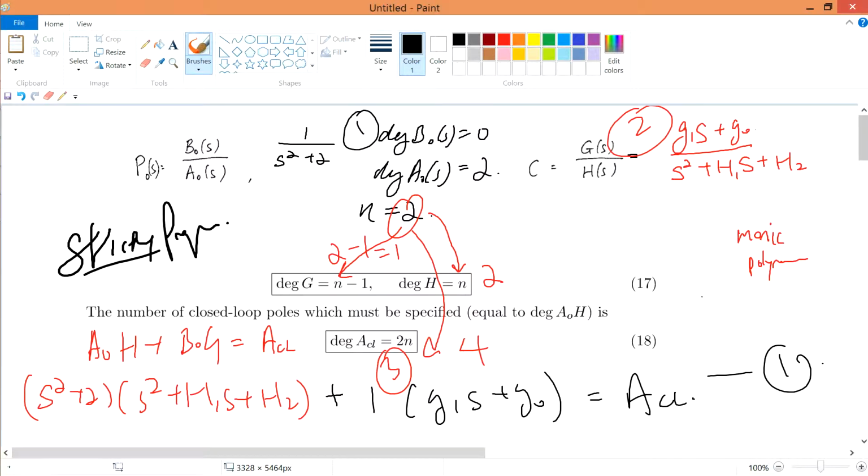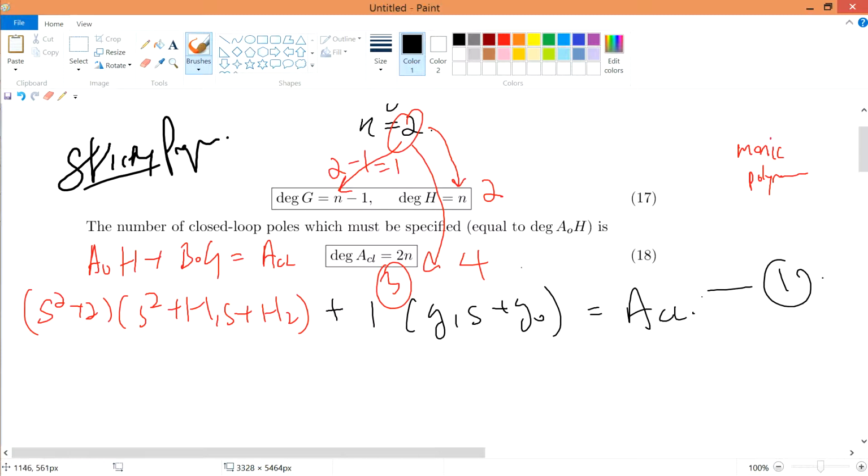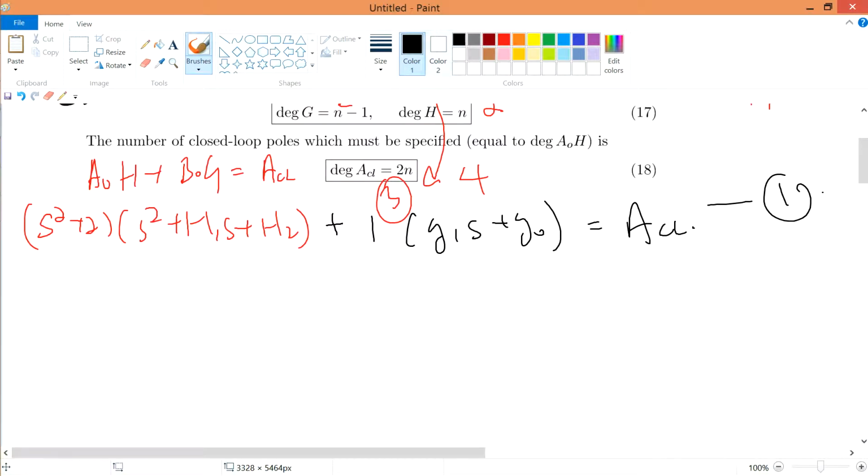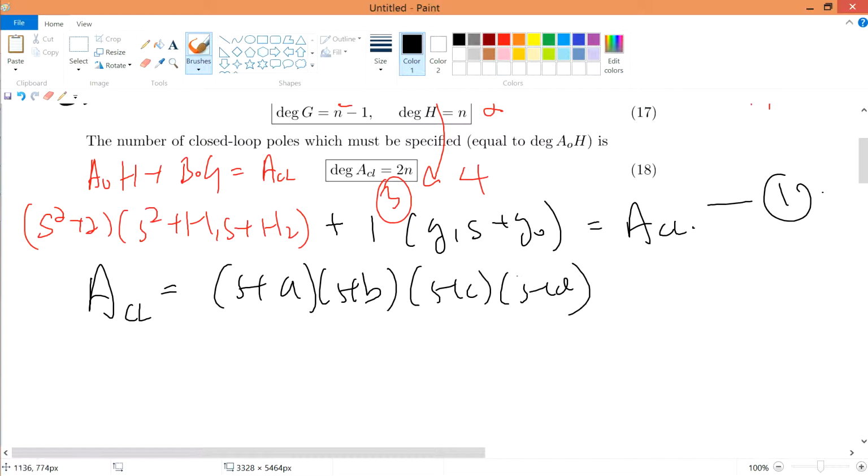If you still remember, we need a second equation for our A_CL, which is also fourth order. So I need another A_CL, which is equal to s plus a, s plus b, s plus c, s plus d.